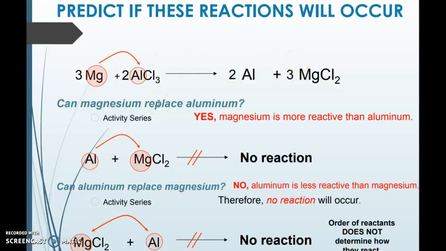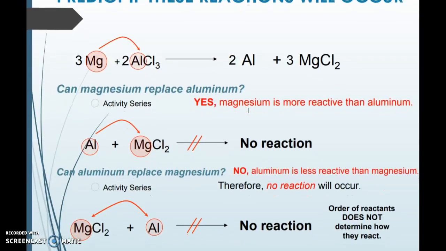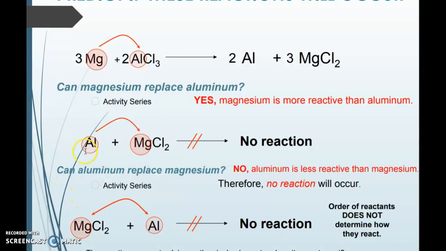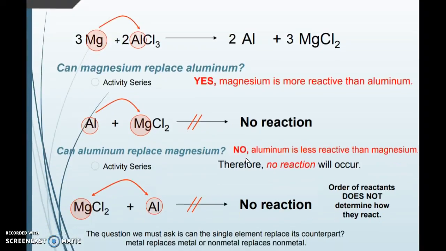So when you look at the activity series, you can see that yes, magnesium is higher on the activity series than aluminum, and therefore will kick it out of compound. Okay, now if you switch them, if you put aluminum by itself and combine it with magnesium chloride, because aluminum is lower on the activity series, there is no reaction. It cannot replace it.